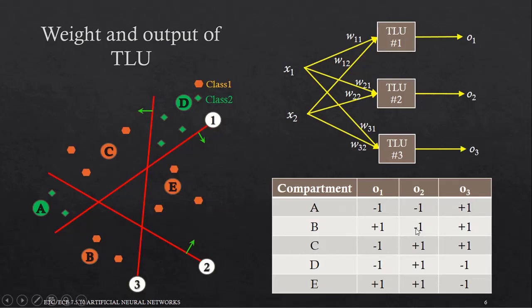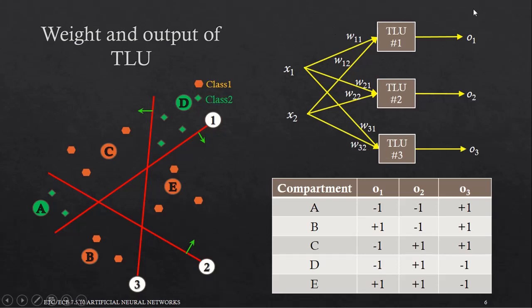They have the outputs O1, O2 and O3. Positive side of the line represented by the TLU will have the output equal to +1. Negative side will have the output equal to -1. That means O1, O2 and O3 can each have either a +1 value or a -1 value.